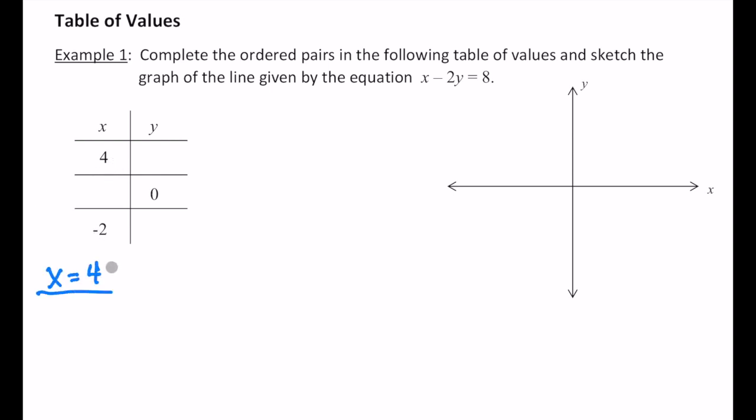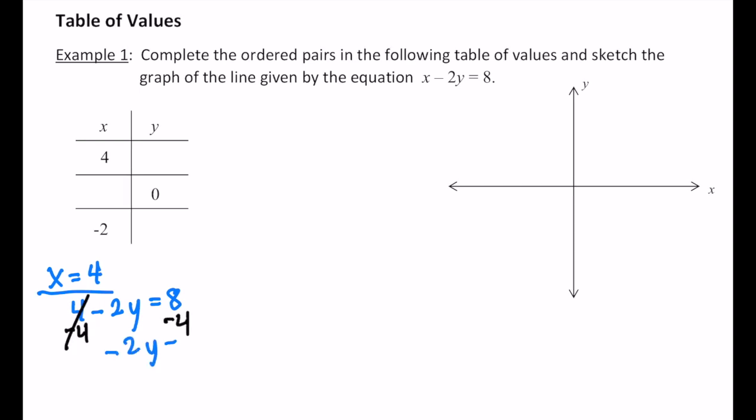We're going to substitute this value for the variable x in this equation. And that gives us 4 minus 2y is equal to 8. And we can solve for y by isolating the variable. So first we'll subtract 4 from both sides. That leaves us with -2y on the left side and +4 on the right side.